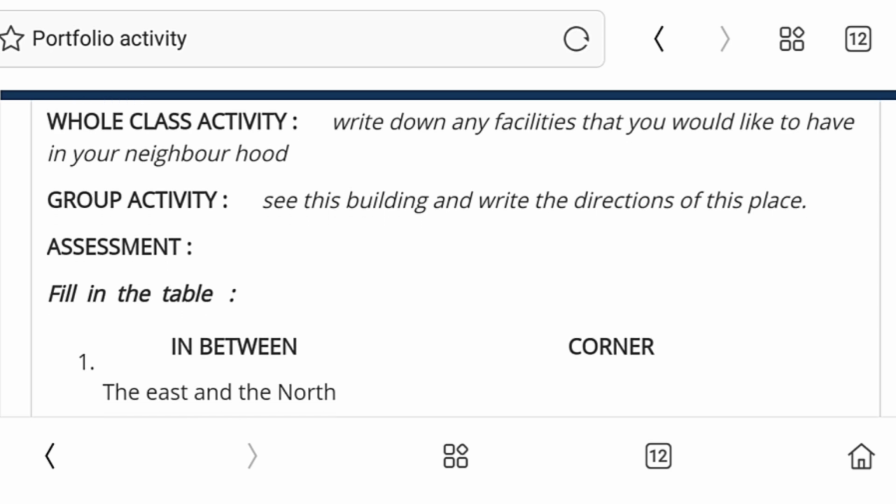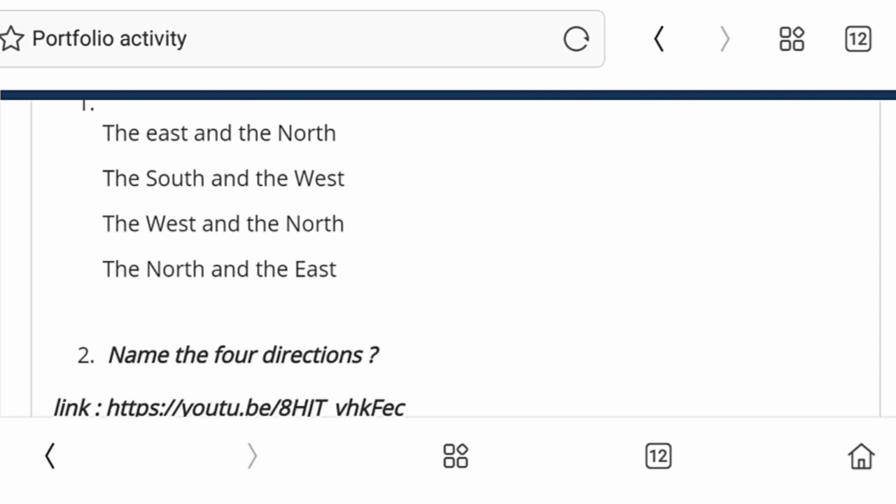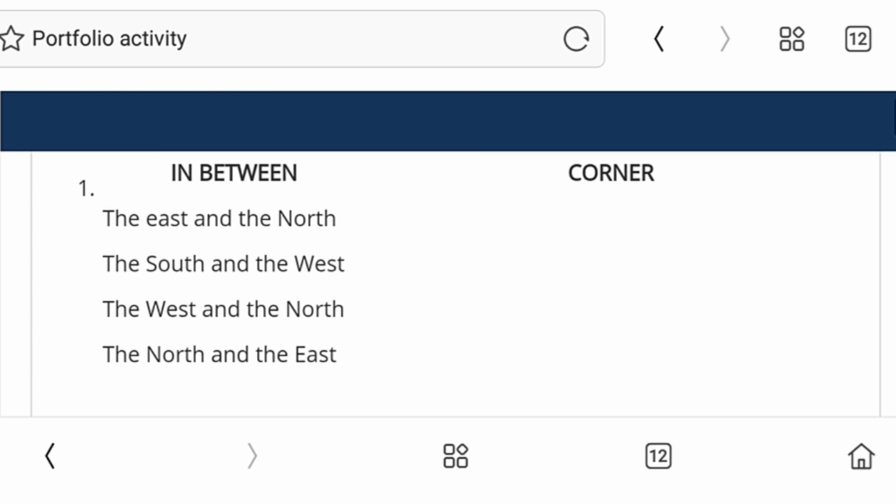If you want, you can give your school building directions also. Then you give project work such as street mapping, like that. Then assignment. I give them to write these directions.